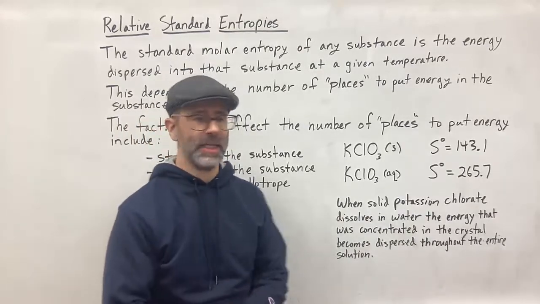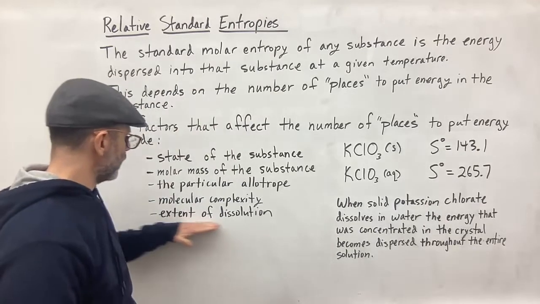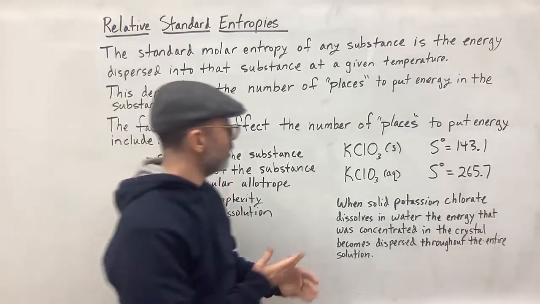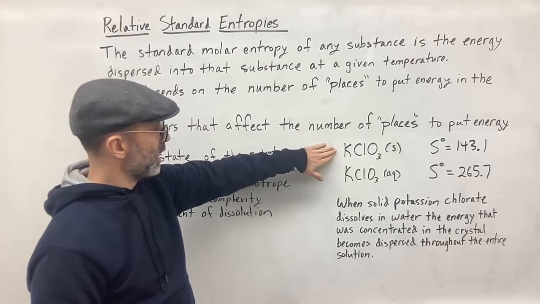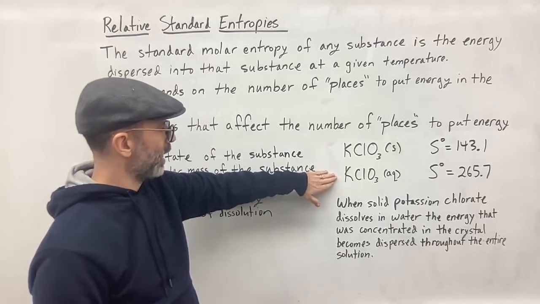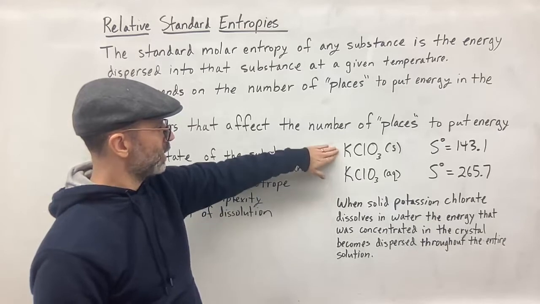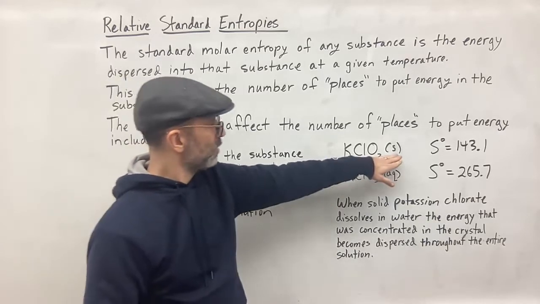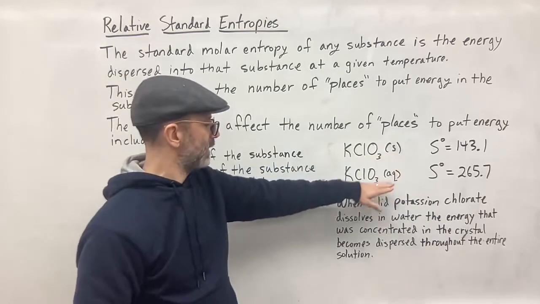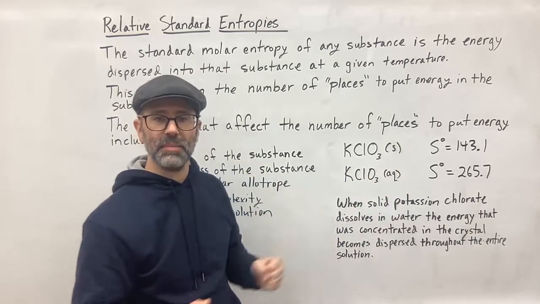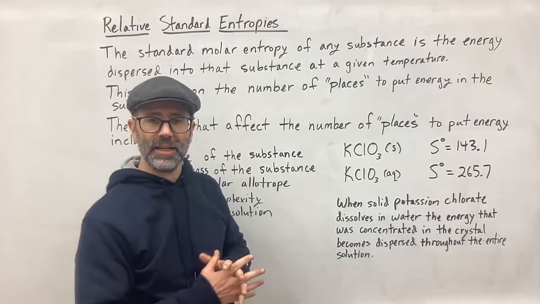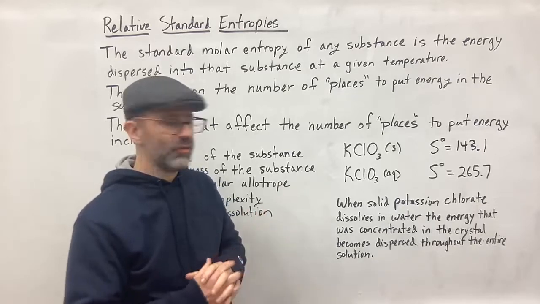Okay, and finally we have extent of dissolution. So here, excuse me, we have an example of potassium chlorate solid and potassium chlorate aqueous. Same substance, but this one is a solid crystal and this one is dissolved in water, where the ions can be separated and dissolved in the water.